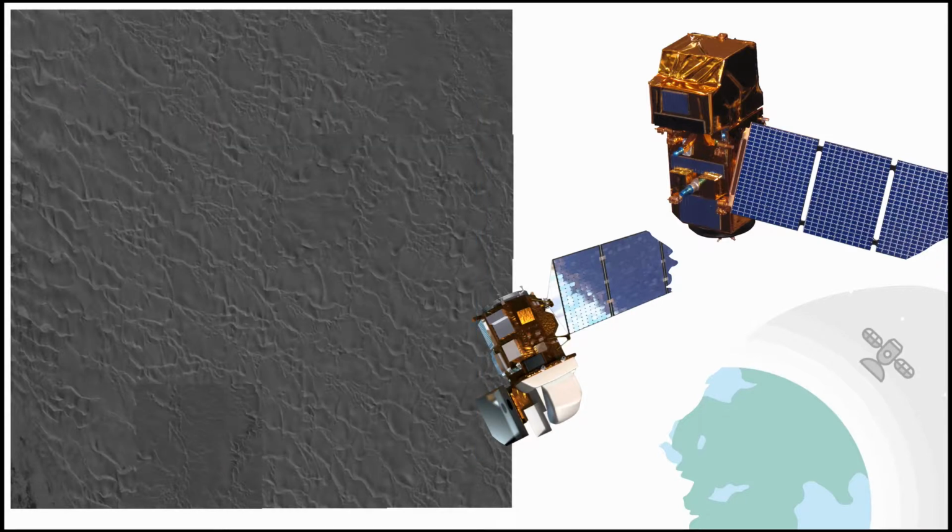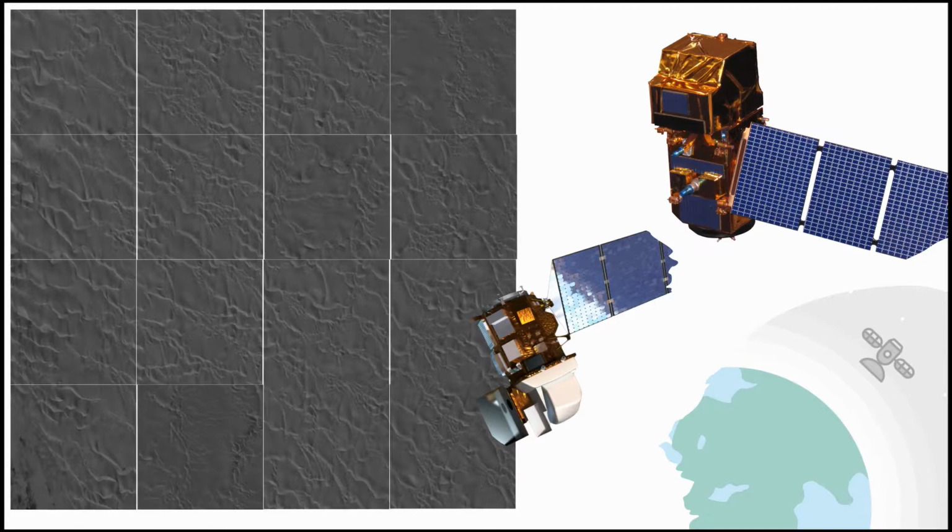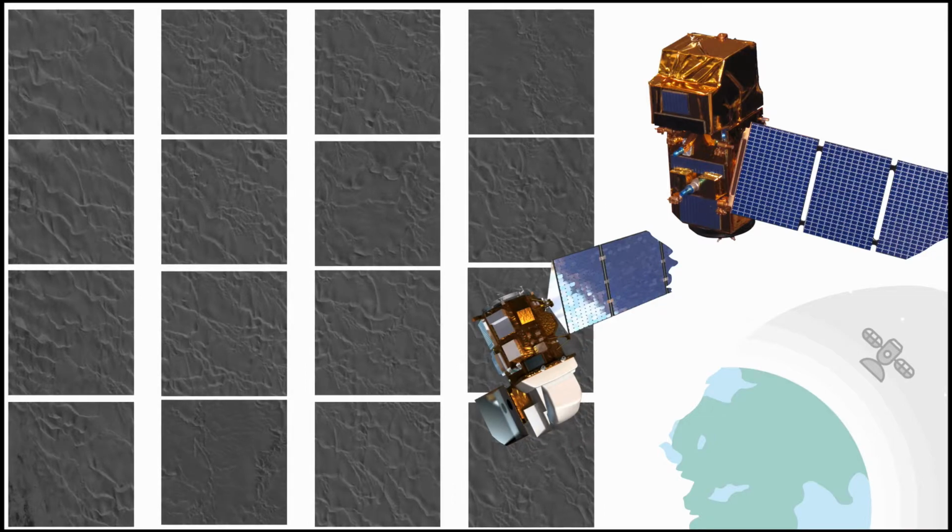But of course, this image is very large and there are many dunes on this surface. For deep learning, like I said, we want to have more images to be able to get better training. So we take this large image and split it into smaller images of 2.75 by 2.75 kilometers.